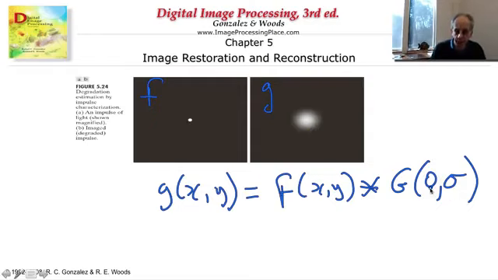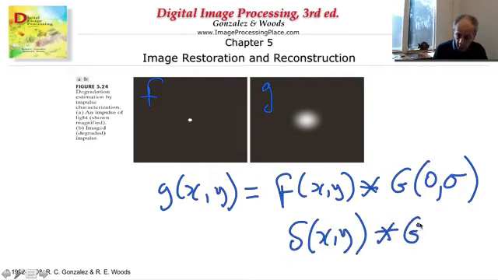That's actually not very hard, because a simple property of the convolution says that if f is a delta function that is convolved with g, then we get g. So basically, this is actually the Gaussian.